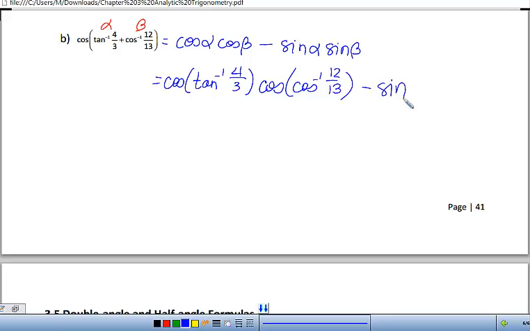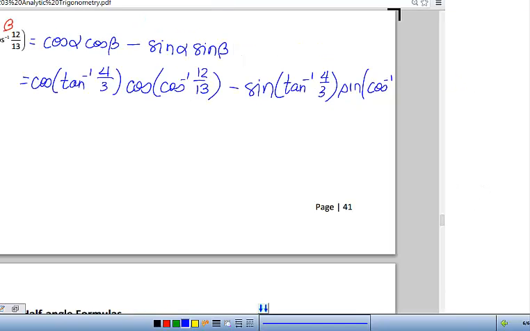sine of tangent inverse of 4/3 and sine of cosine inverse 12/13.